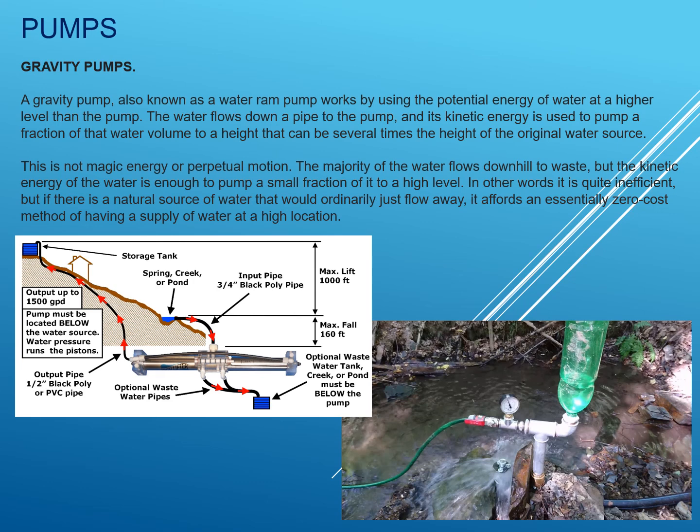This is not magic energy or perpetual motion. The majority of the water flows downhill to waste, but the kinetic energy of the water is enough to pump a small fraction of it to a high level. In other words, it is quite inefficient, but if there is a natural source of water that would ordinarily just flow away, it affords an essentially zero-cost method of having a supply of water at a high location.